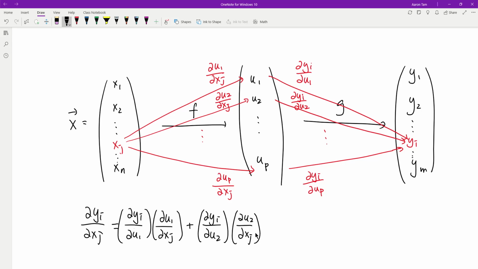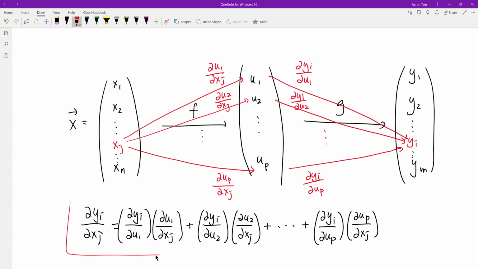And hopefully you see the pattern here. This would continue to add up until we get to the last one, which is dy sub I over du sub p multiplied by du sub p over dx sub j. And that forms a formula.